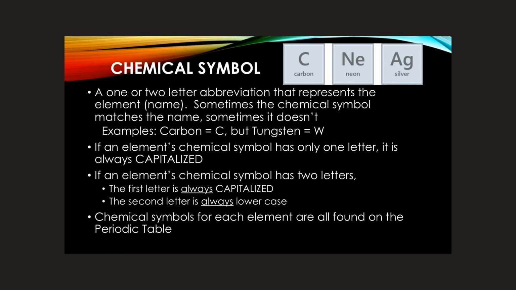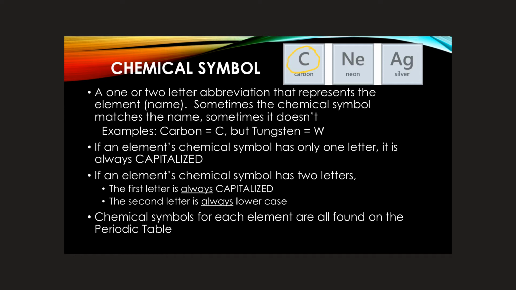A chemical symbol is simply a one or two letter abbreviation that represents the element. Sometimes the chemical symbol matches the start of the name of an element, and other times it doesn't. For example, the letter C is the start for the word carbon.